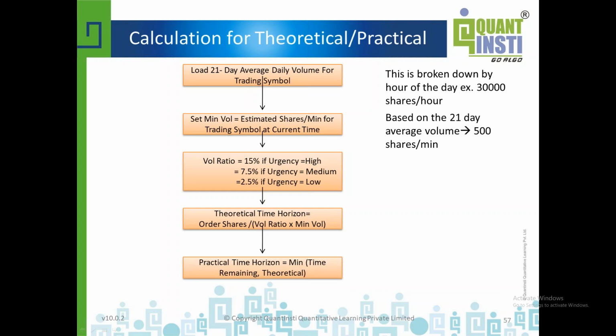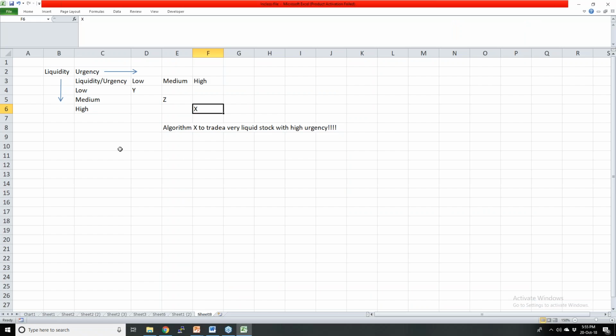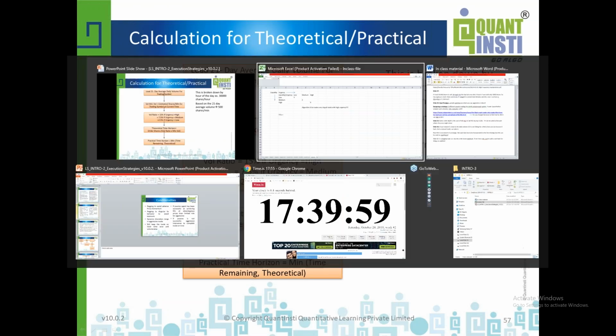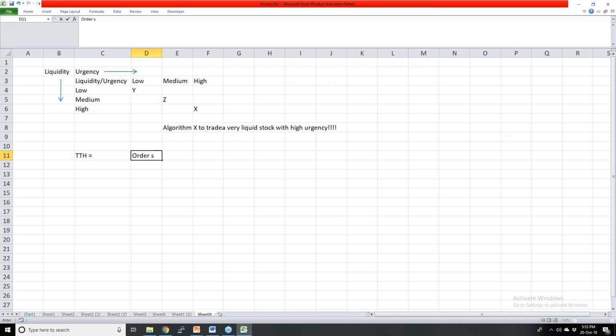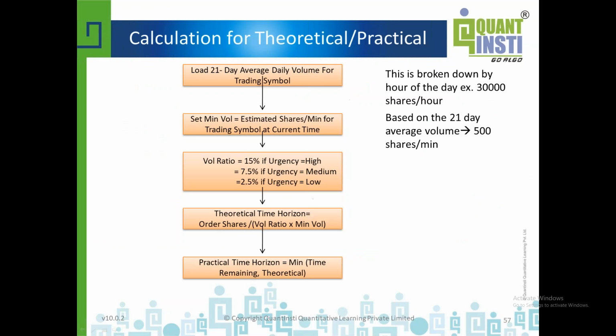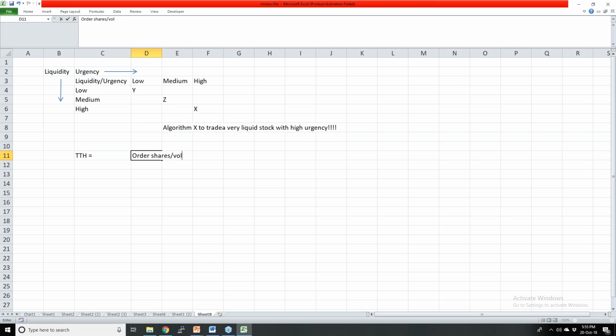Just to be clear, your theoretical time horizon is the order shares, the shares that you want to get executed, divided by the volume ratio, divided by the minute volume, right?